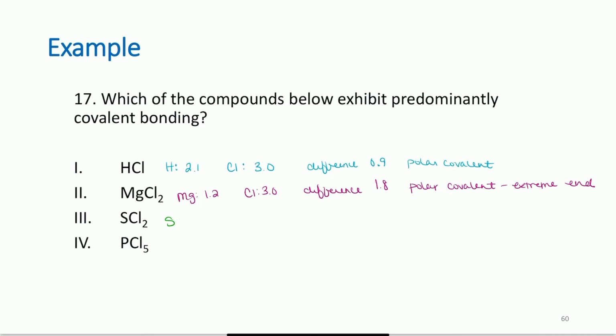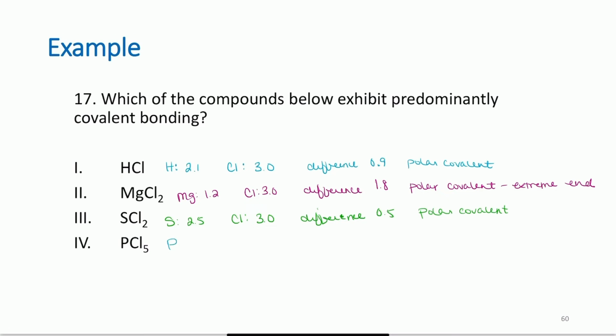SCl2, sulfur, 2.5, chlorine, 3.0. Difference, 0.5. This one is on the other extreme of polar covalent, where it's barely outside of the nonpolar region. Nonpolar goes to a value of 0.4.